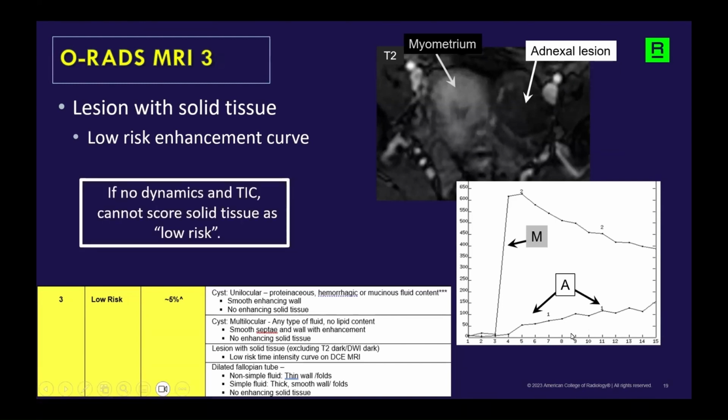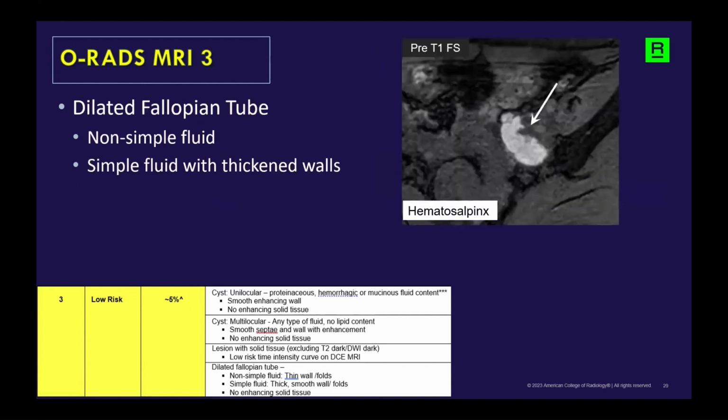If there are no dynamics or TIC curves available, we cannot score solid tissue as low risk. And finally, dilated fallopian tubes with non-simple fluid or thick, smooth enhancing walls are considered O-RADS MRI 3.